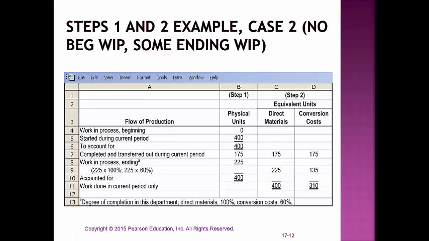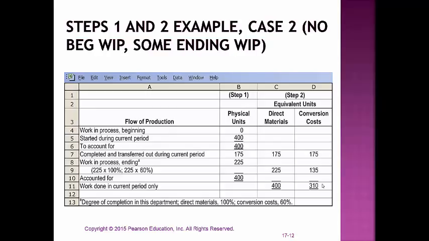So 175 plus 225 equals 400, and 175 plus 135 equals 310. So we've got 400 units worth of direct materials, and as to conversion, only 310 units could have been completed 100% with the amount of conversion cost added within this period.